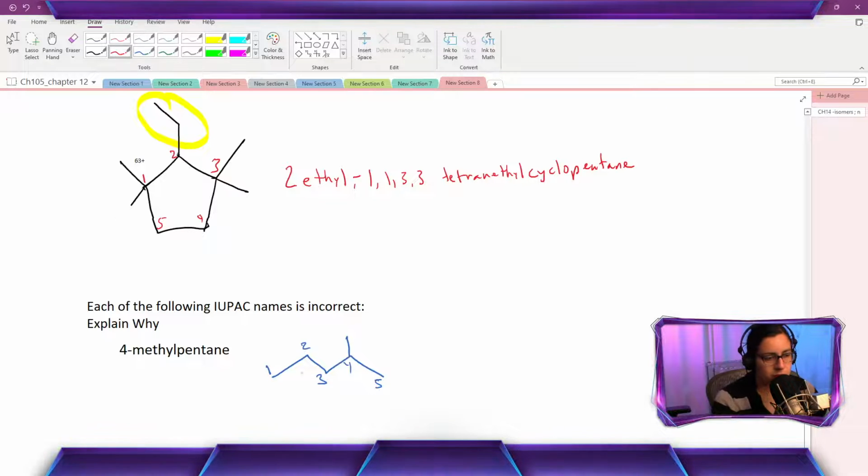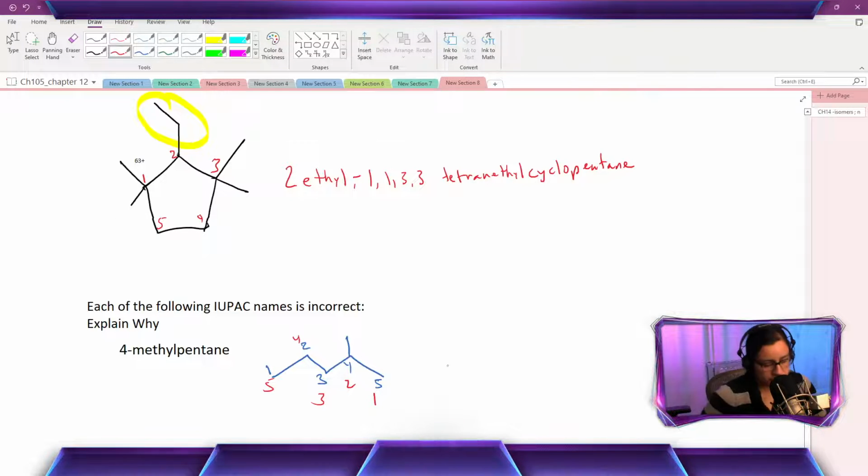So of course it's the wrong way to label the priority. We need to give priority to the methyl. So this should really be 1, 2, 3, 4, 5. And really they're the same compound. We just wouldn't call it this.